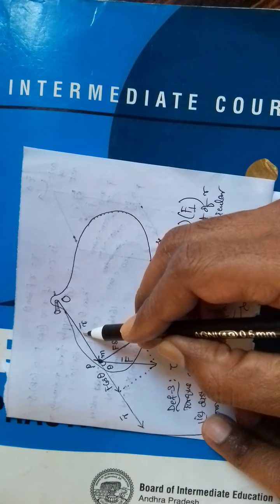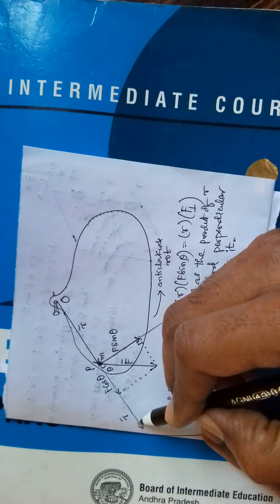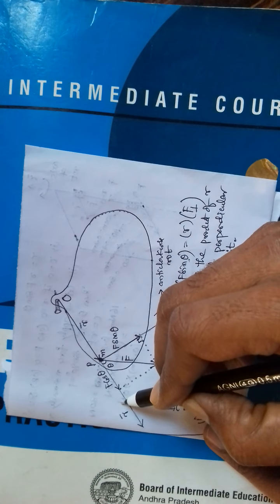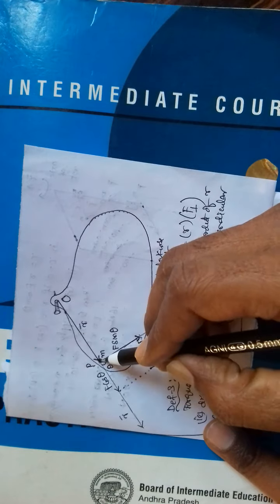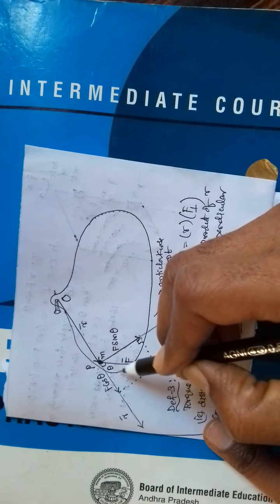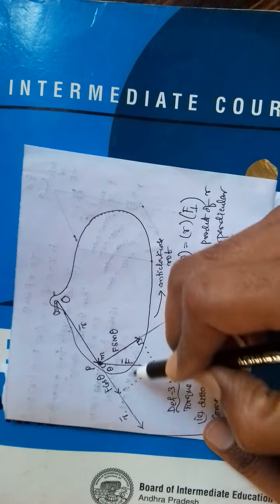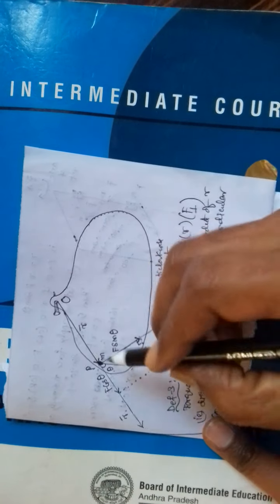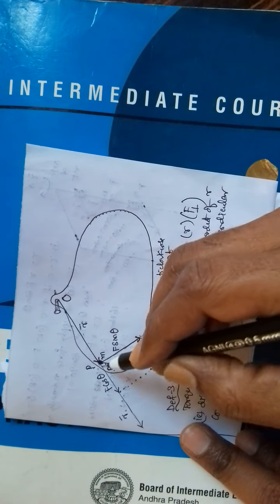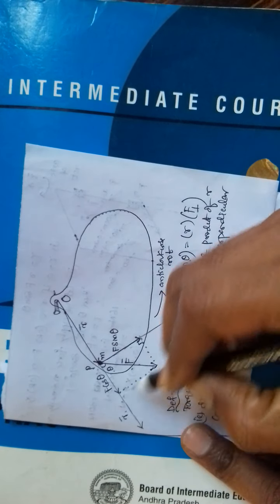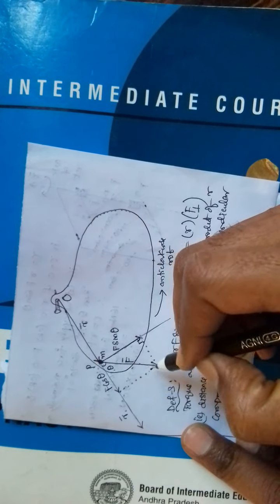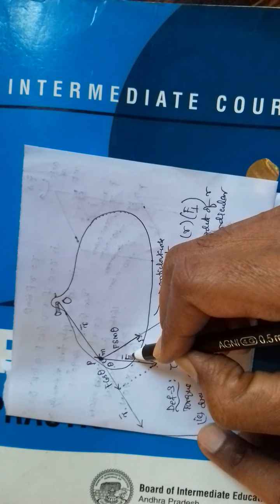You extend the R in the same direction. This is also R. This is F. Both vectors have a common tail point. So the angle between R and F is theta. Now here this is F. For this right angle triangle, this is the hypotenuse and the hypotenuse is F.